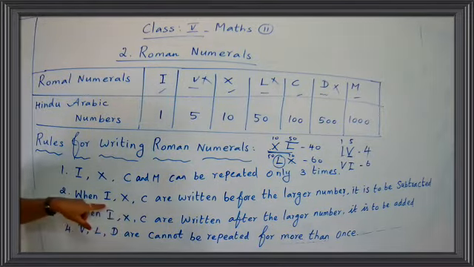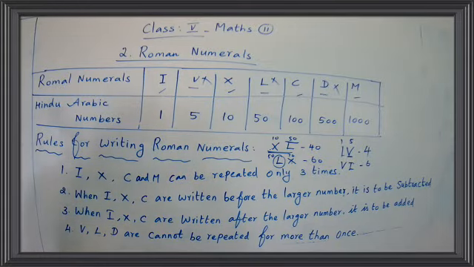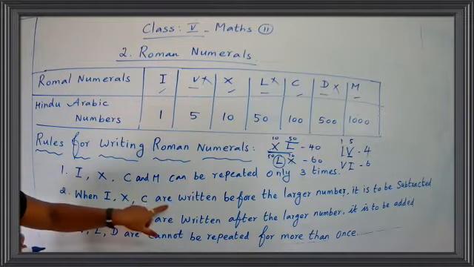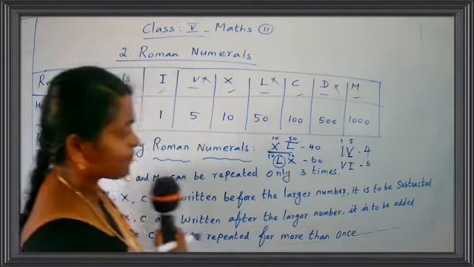I, X, C, these 3 symbols, if they are before the large number, what should we do? Subtract. If they are after the large number, what should we do? Add. Okay, clear? Yes children, listen carefully. When I, X, C are written before the large number, it is to be subtracted.